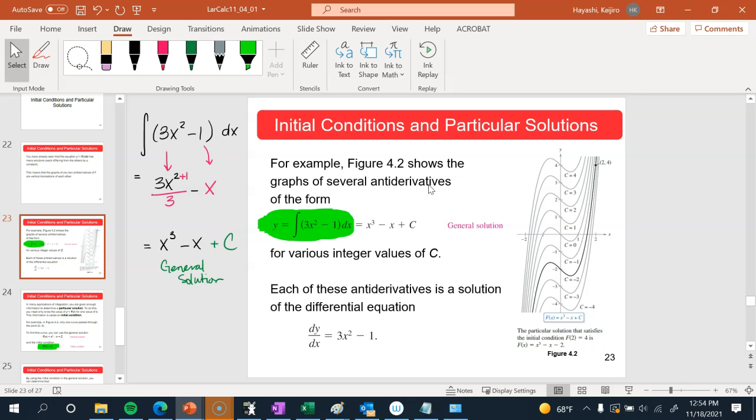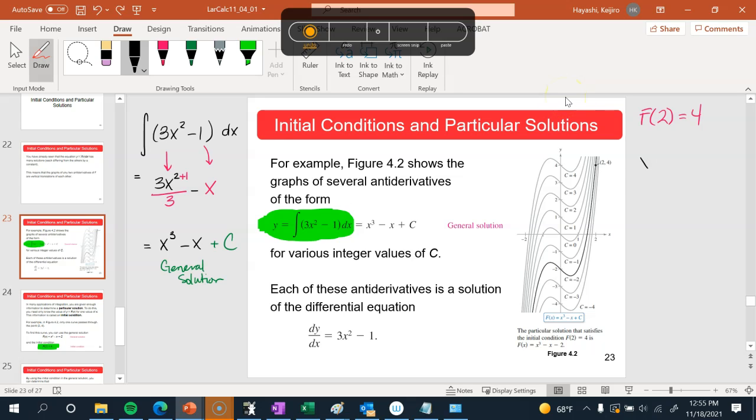Now, if you want to find what that member is, let's say we have the initial condition, where if you plug in 2, you get 4. How you find that member of that family that satisfies that initial condition is you take your general solution, which we'll call big F of x, right?